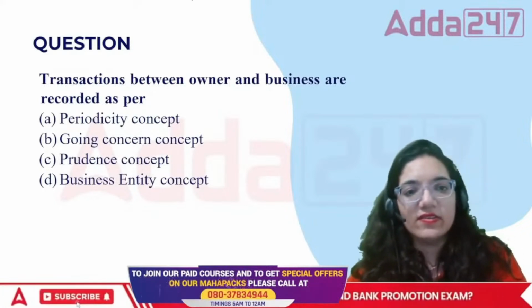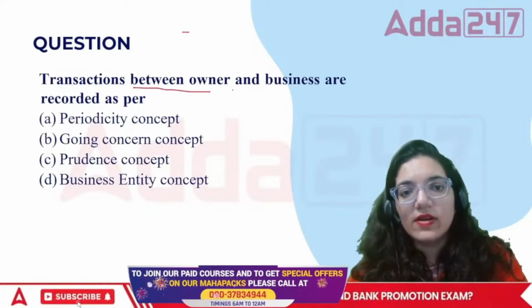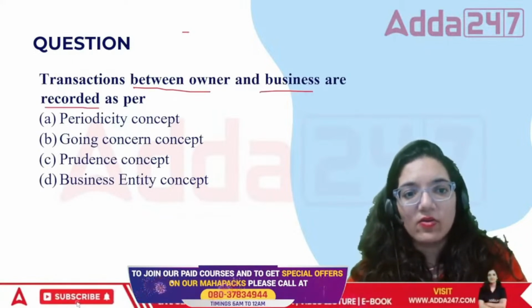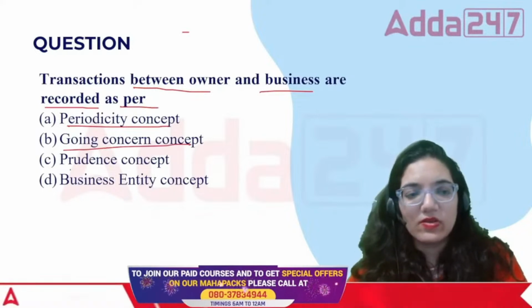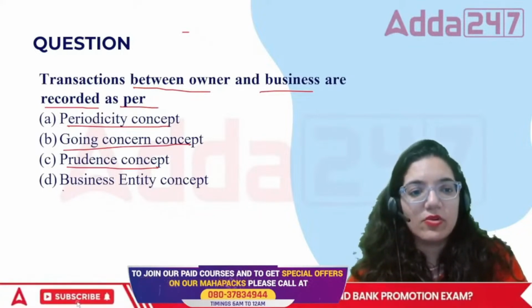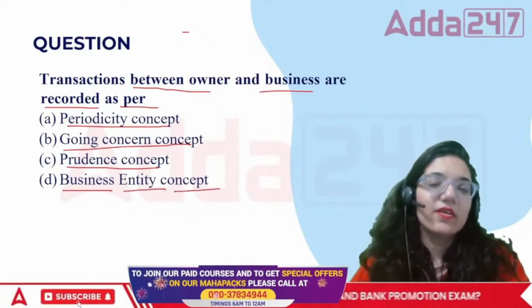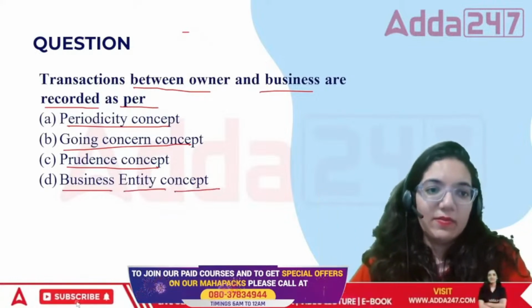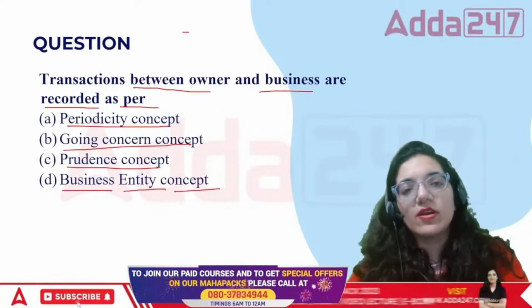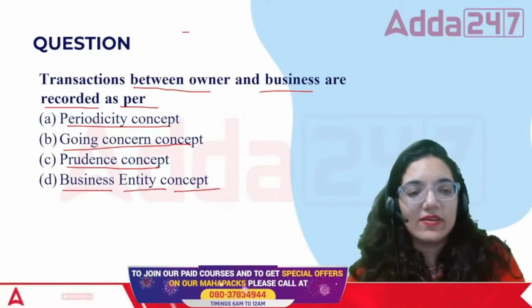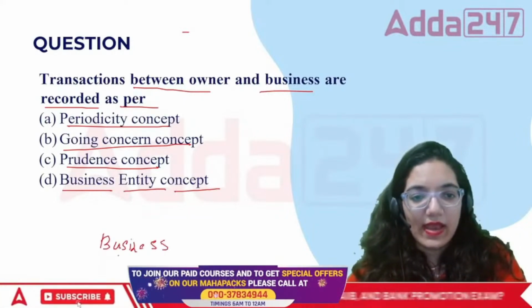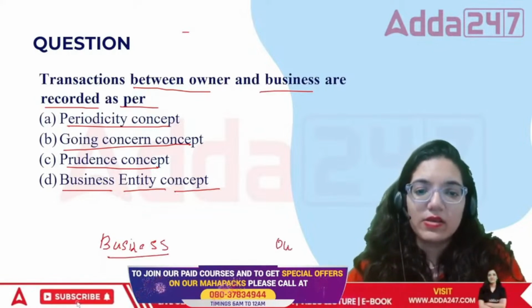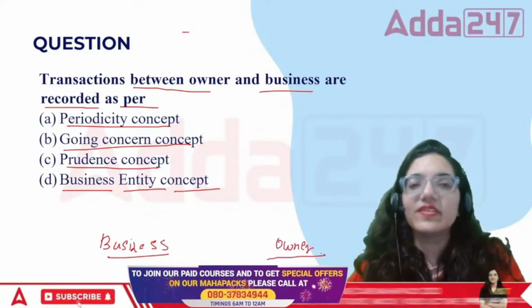The transactions between owner and business are recorded as per periodicity concept, going concern concept, prudence concept, or business entity concept. When we talk about these transactions between owner and the business, we are treating the business and the owner as two distinct persons.